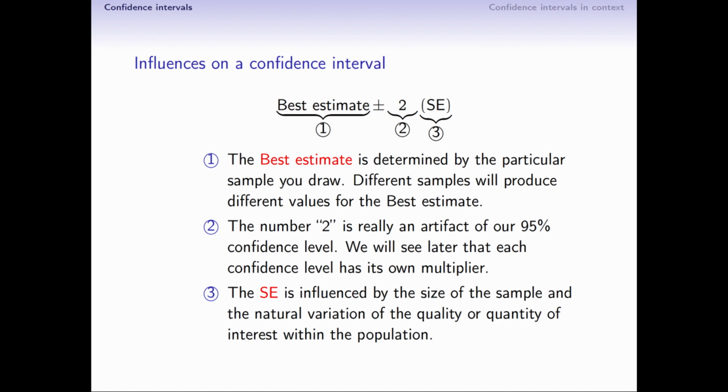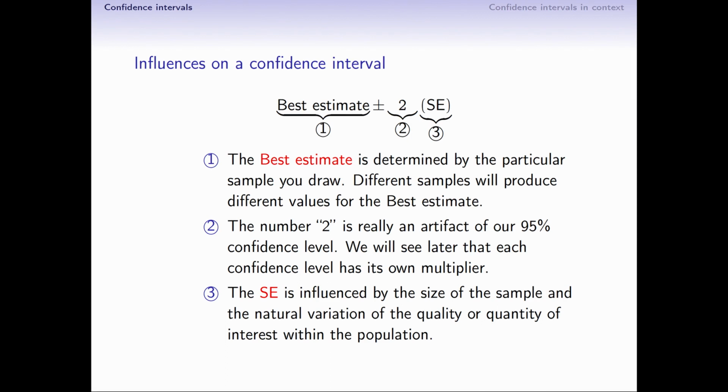The one thing that we can control is the size of our sample. So by changing the size of our sample, we can influence the value of the standard error, and therefore we can influence the margin of error. All right, so the things that influence a confidence interval are best estimate, that gives us the center, our level of confidence, that gives us our multiplier, and the sample size, which gives us part of the value of SE.